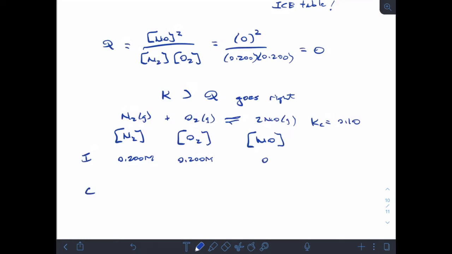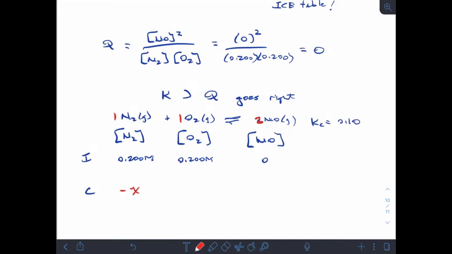Our change line comes directly from the stoichiometry. Okay, so we have a 1, and a 2, right? So our change line, we're proceeding right, so we're losing some N2, so minus 1x.